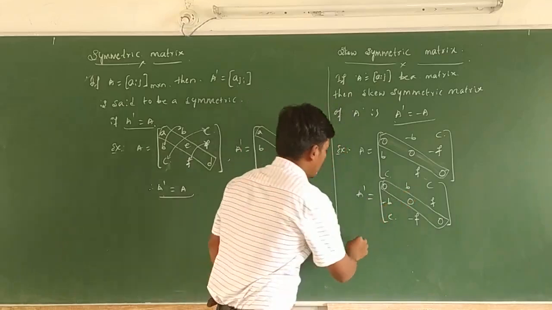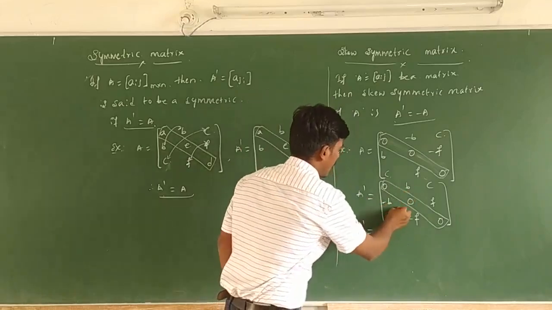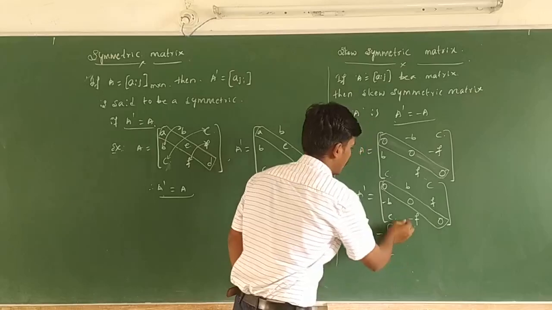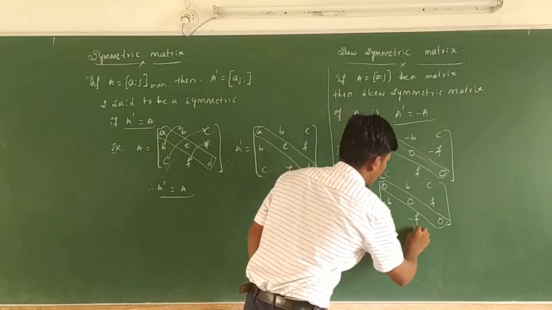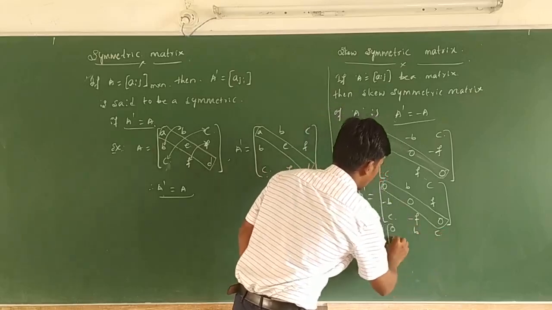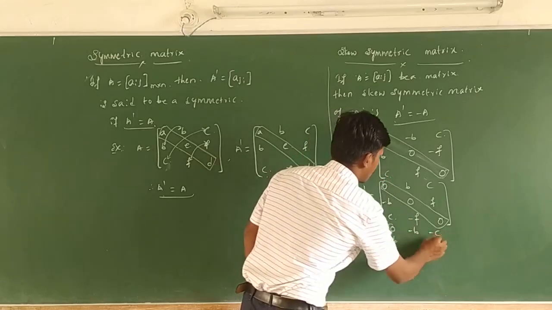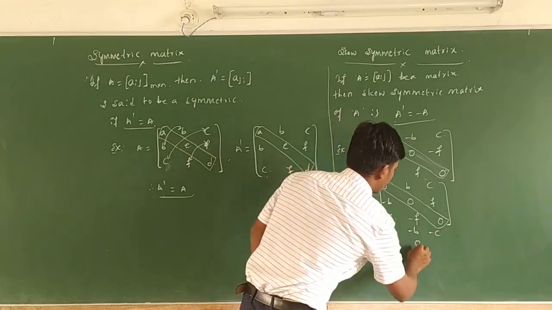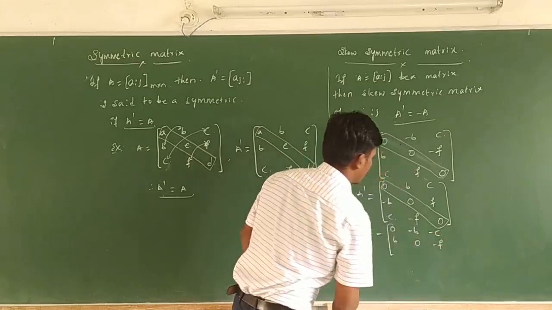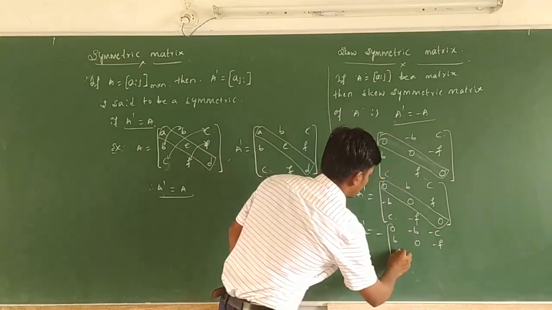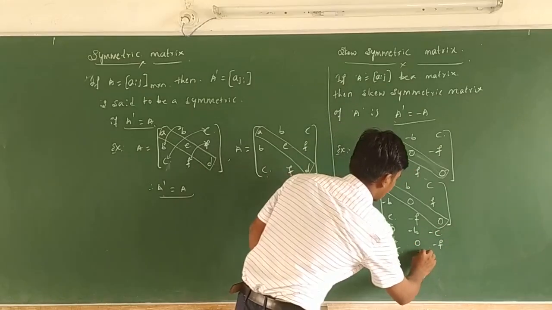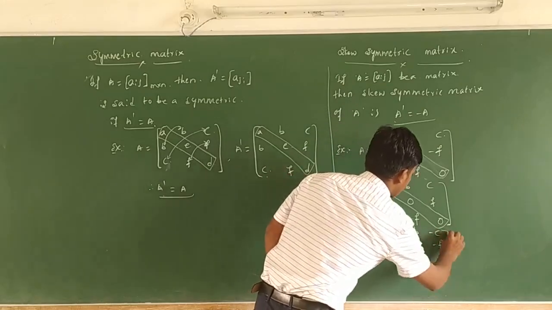That is, A transpose equals, if you take the minus sign as a common factor in this matrix, what do we get? 0 B C. Next, B you take as minus, it is minus 0 minus F. Next here minus C, here plus F, it is 0.